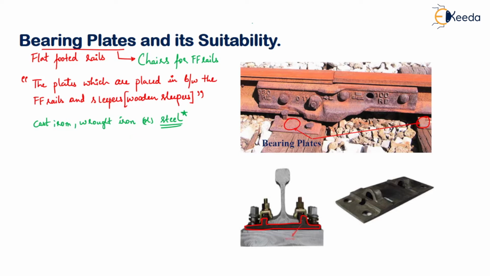Okay. Now, what are the suitabilities? Where exactly we have to go for bearing plates is important. Write the suitabilities of where we use the bearing plates. So the provision of bearing plates is necessary when you lay a railway track with wooden sleepers and flat-footed rails.